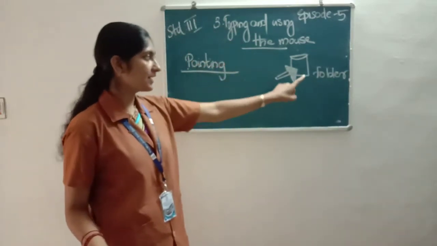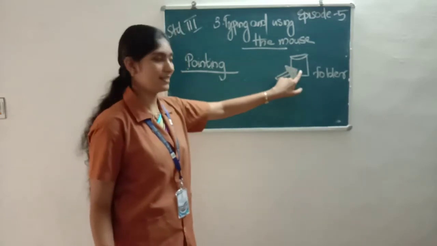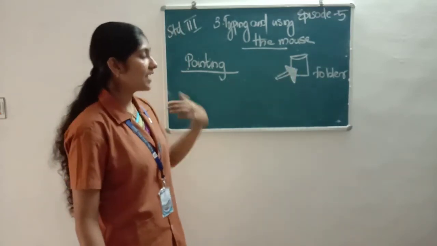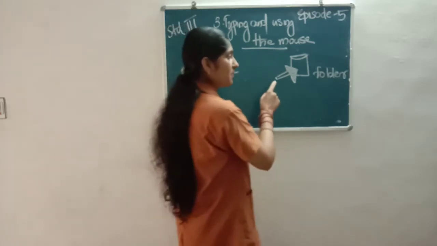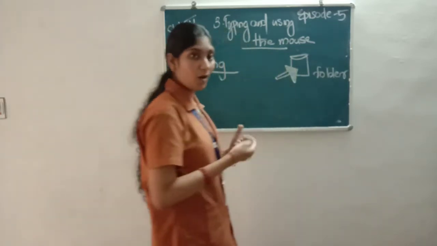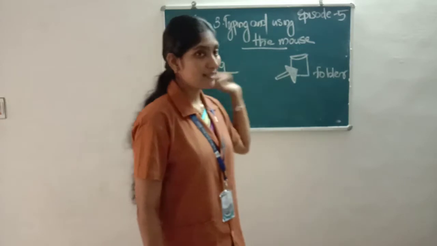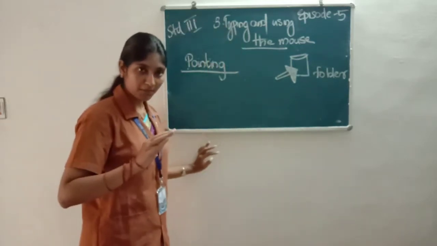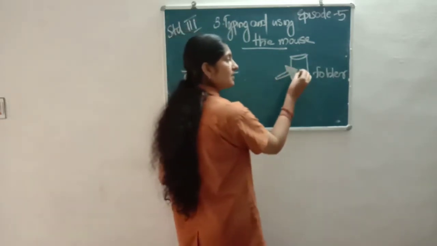So here there is a folder. Just assume here is a folder and we have to point the mouse pointer to that folder. So how does it work? First move the mouse pointer to that particular location.